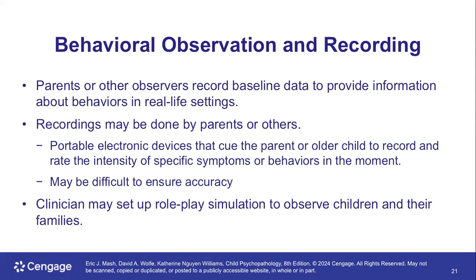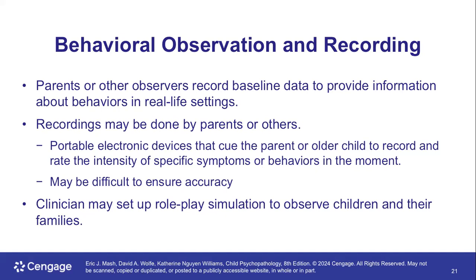Now, the recordings can be done by parents or other people. We can even have some kind of beeper, it used to be a beeper that would buzz, and then you would write what the child is doing at that moment. And if there were problematic behaviors, they would record the intensity of the symptoms, and it would be kind of spontaneous. The parent would get it, or the child might get it if they're older and can do it for themselves, and they would write it down, and we'd try to see if there was a pattern in behavior.